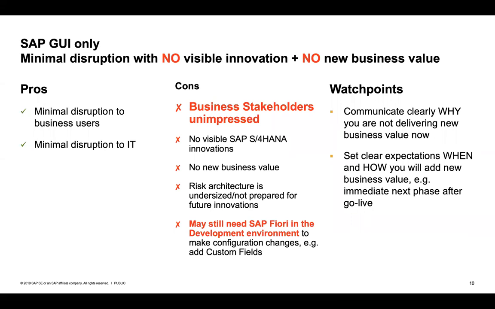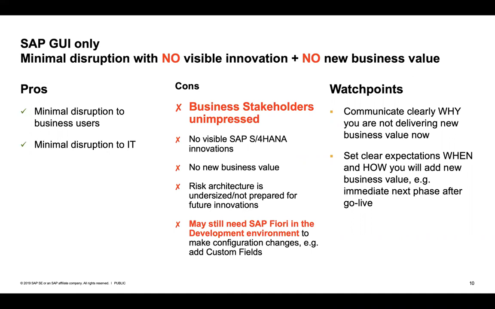It doesn't necessarily know about Fiori. But when you configure something in Fiori, Fiori knows about GUI. So it can configure Fiori and GUI. So things like adding custom fields, that's done in Fiori now. It's not done through the older techniques.